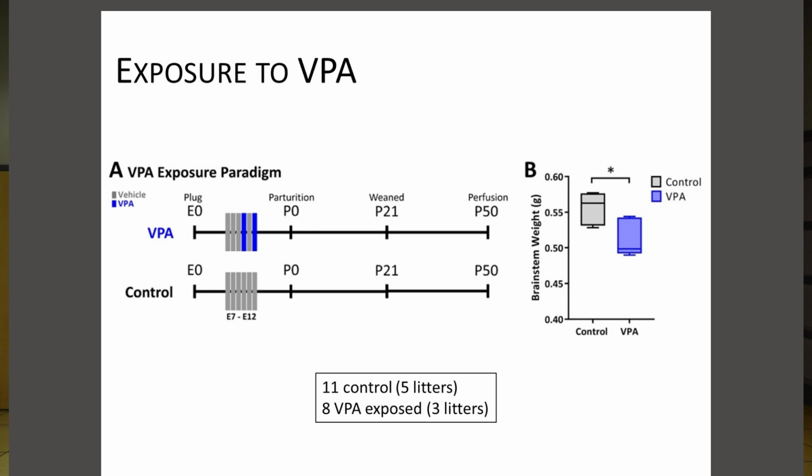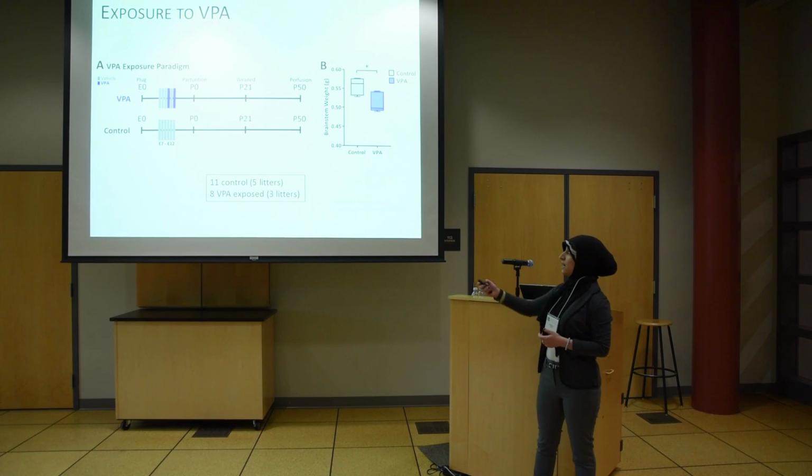So this slide is essentially a visual representation of the timeline we use for VPA exposure. The pregnant females were exposed to the vehicle or peanut butter on embryonic days 7 through 12. Now for the control group, it was just peanut butter on all those days, but the VPA group had VPA added to the peanut butter on embryonic days 10 and 12, and that's represented by these blue bars here.